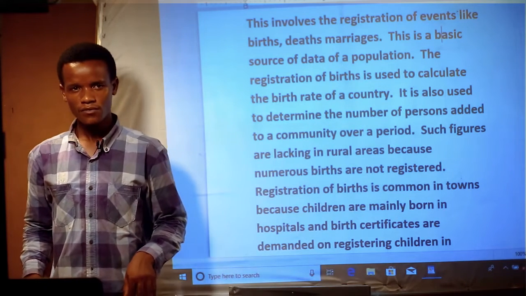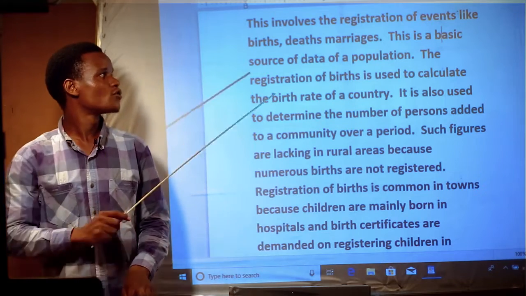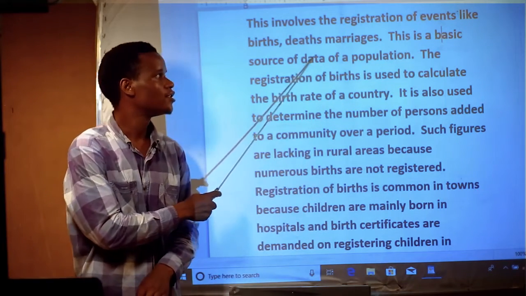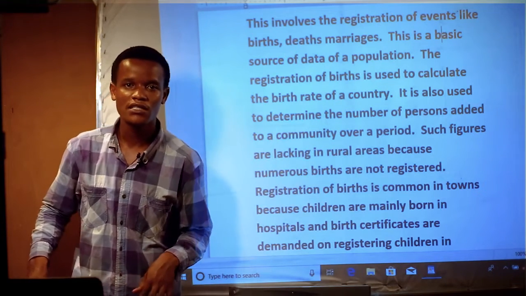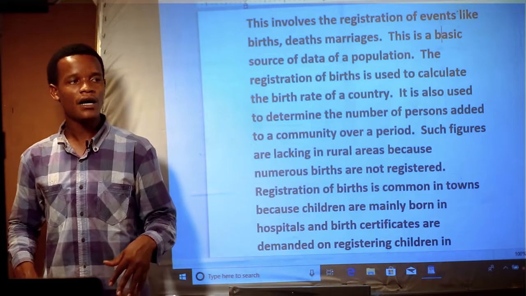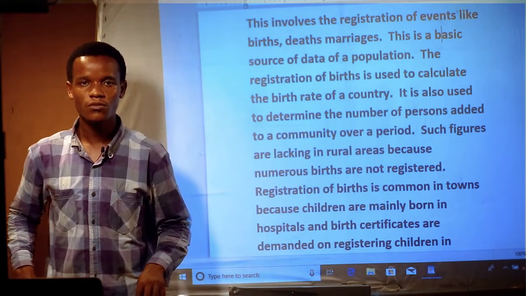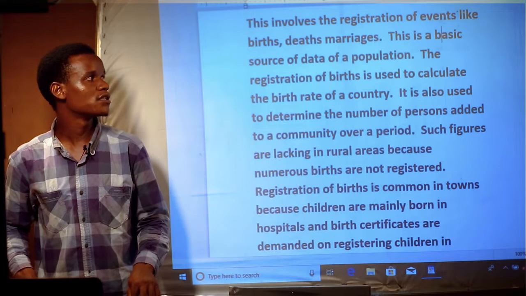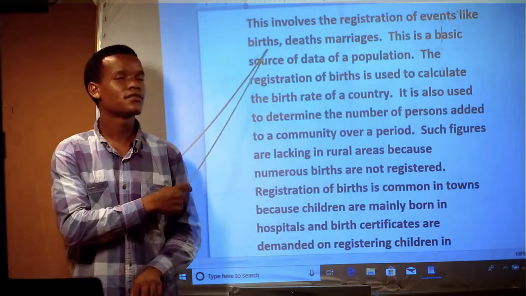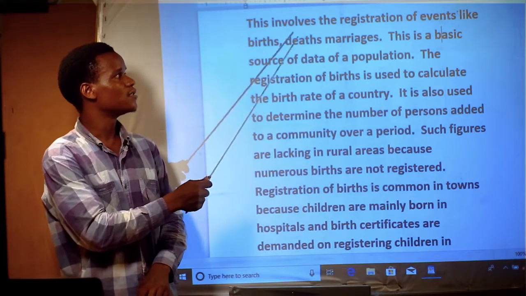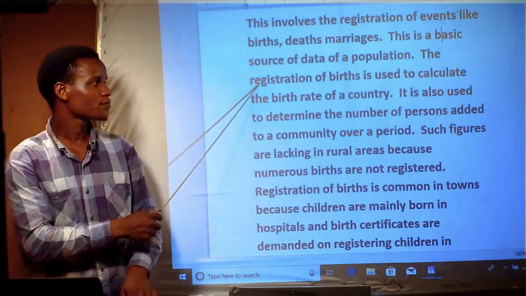Vital registration is among the basic sources of population data. When a country or an organization wants to get population data, among the categories they use is vital registration, since by looking at birth, death, and marriage they can get the data.